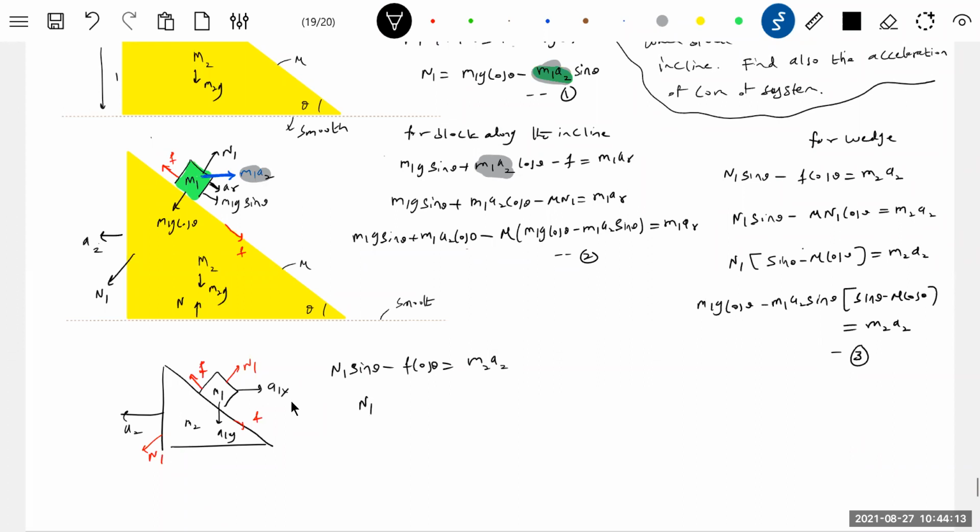Similarly, N1 sin theta minus F cos theta equals M1 A1x, looking at the motion of the block. Therefore M2 A2 equals M1 A1x. Do we know A2? Yes, I have A2. Okay, the problem is solved.